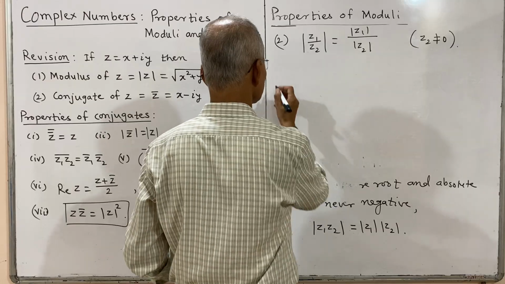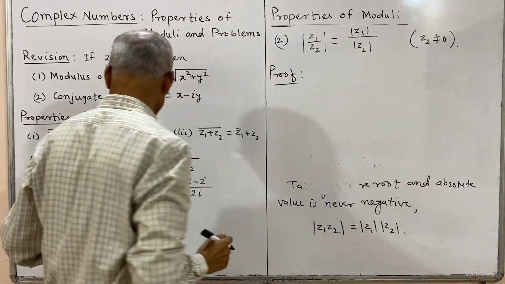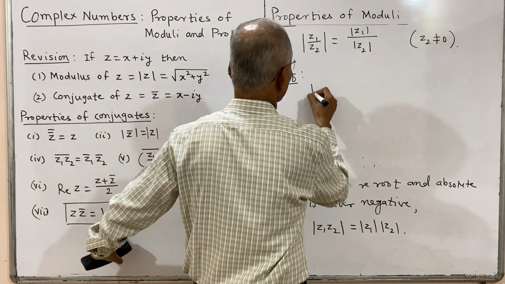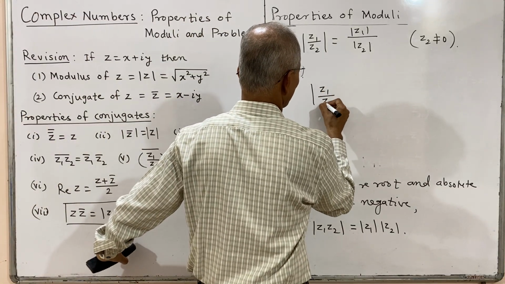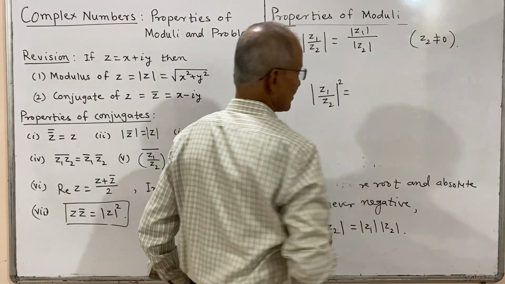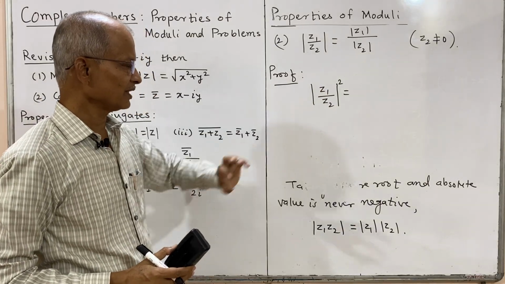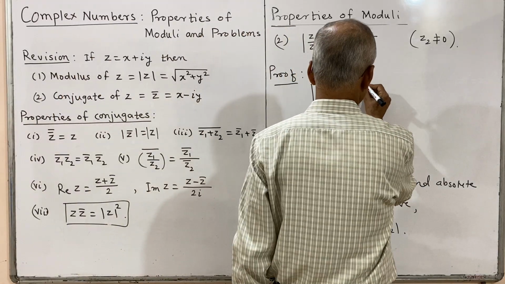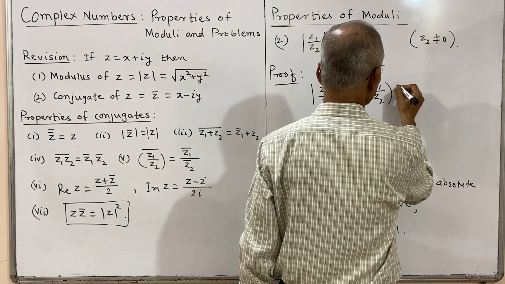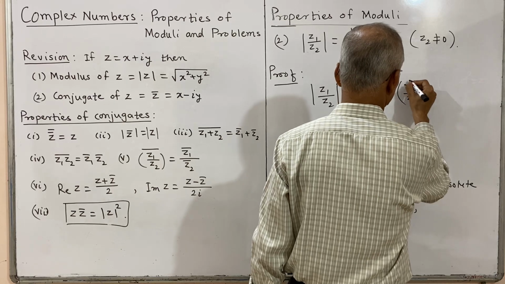See, we can use the same property, the last one, that is this, and we write the square of the modulus of z1 by z2. The square of the modulus of z1 divided by z2 is equal to z1 divided by z2 into the conjugate of z1 divided by z2.